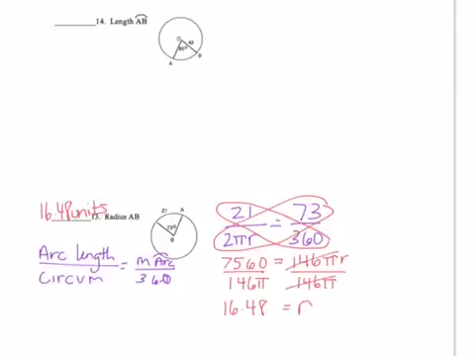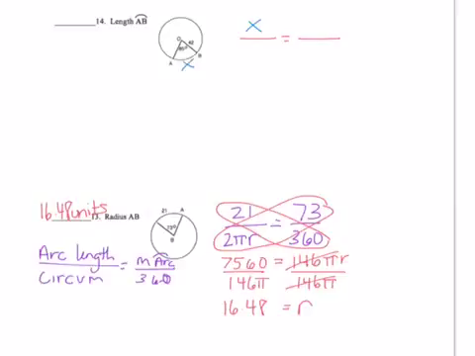Alright, so now I'm going back to number 14 on top, and I'm going to use the same formula that I did before. It's asking me for the length of AB, so I'm looking for that. I am going to put X here because that's where the length goes, the part over the whole circumference.